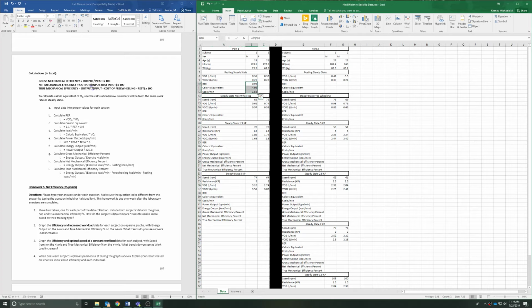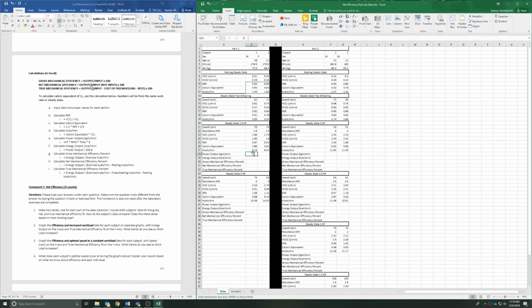And then we can just easily drag this across, Control C, and paste everywhere in each section, because in each section we need to complete RAR, caloric equivalent, and kcals per minute for that exercise bout.